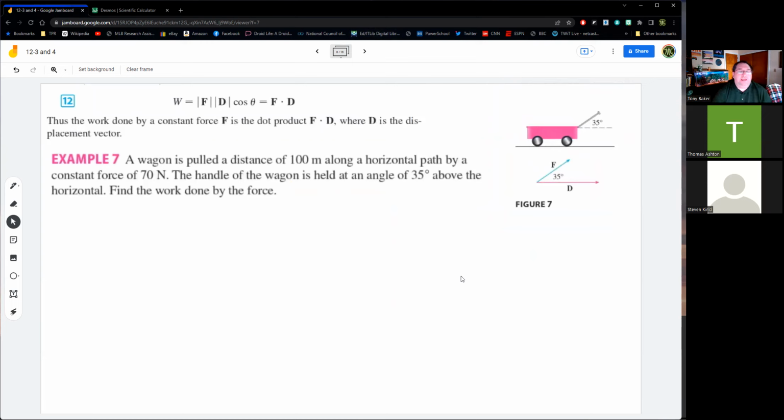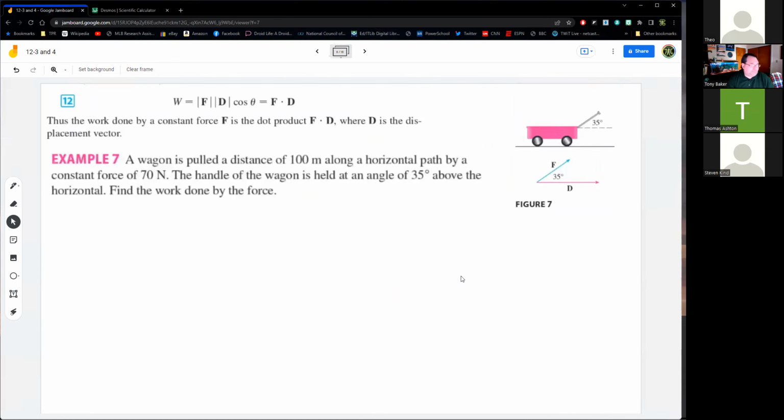The work done is the length of vector F times the length of vector d times the cosine of theta, which, as we've just shown, is just the dot product of those two vectors. So we can use this to figure out how much work has been done.